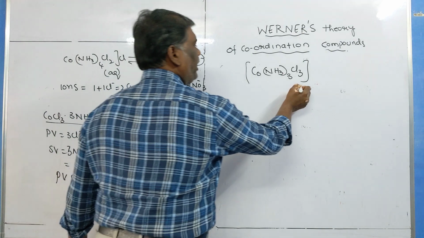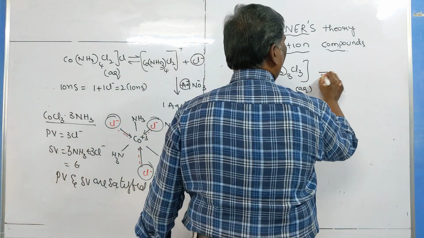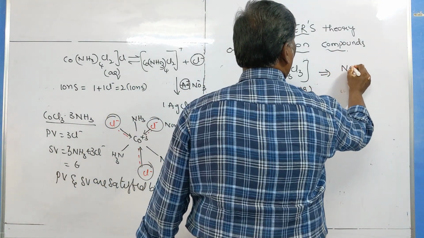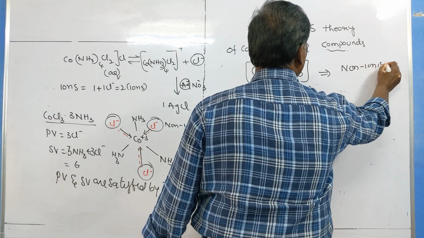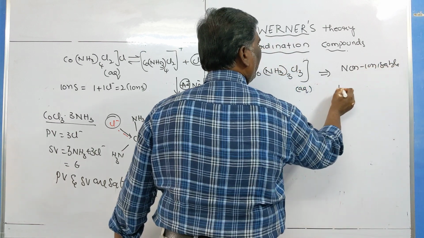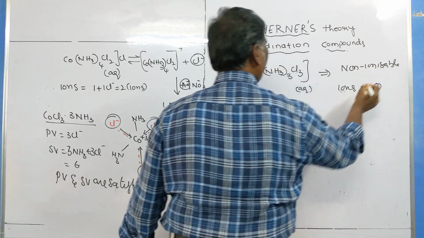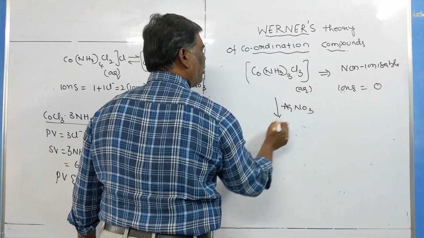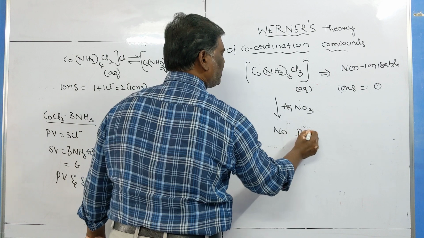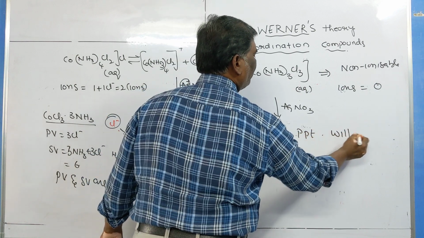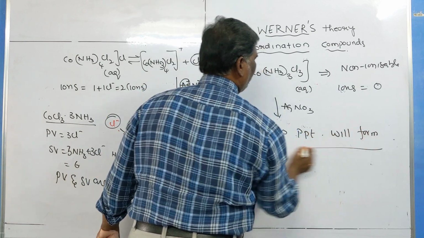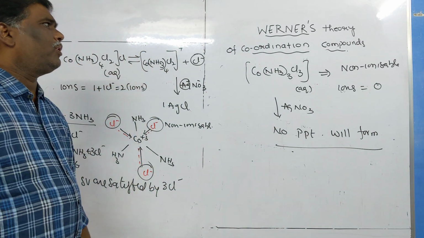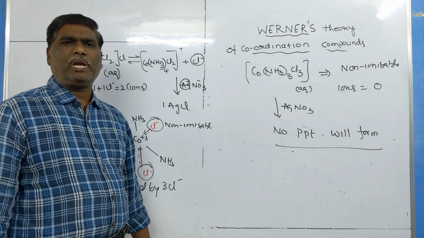So in aqueous solution, it does not ionize. Ions produced equal 0. Now when it reacts with AgNO3, no precipitate will form. Okay. This is all about Werner's theory. Okay. Thank you.